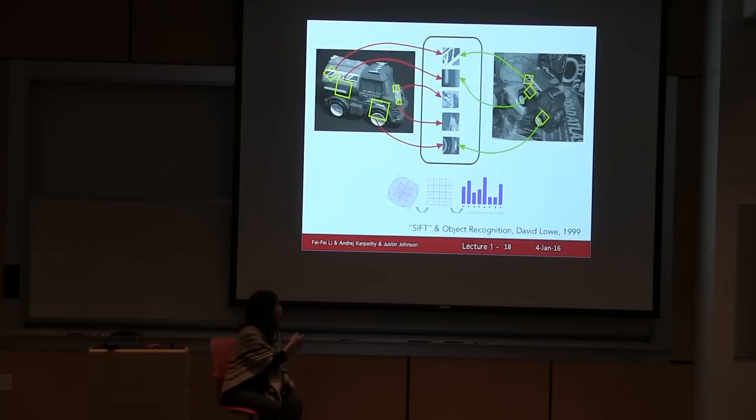So this work called SIFT by David Lowe, again, you saw that name again, is about learning important features on an object. And once you learn these important features, just a few of them on an object, you can actually recognize this object from a totally different angle, in a totally cluttered scene.